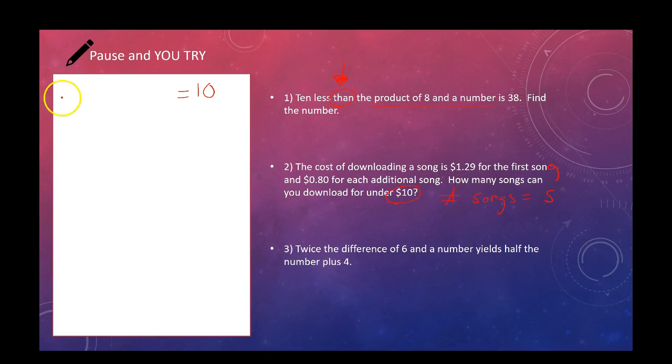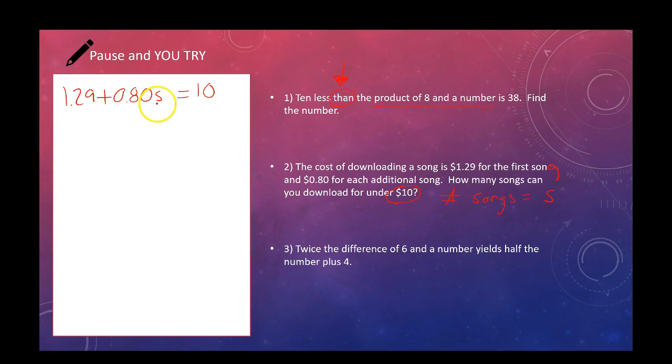So it's $1.29 for the first, then I'm going to add to that 80 cents per every additional song. So $1.29 for the first song, and then 80 cents times the number of additional songs. If I add those two prices together, that's going to give me my grand total.